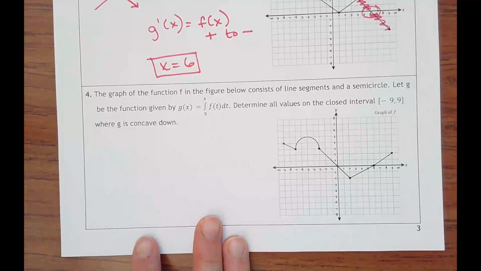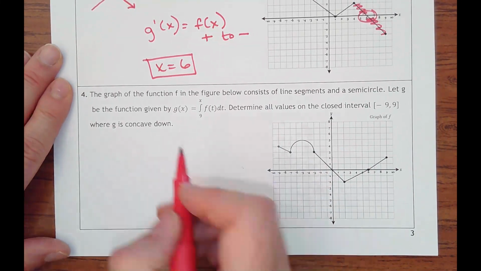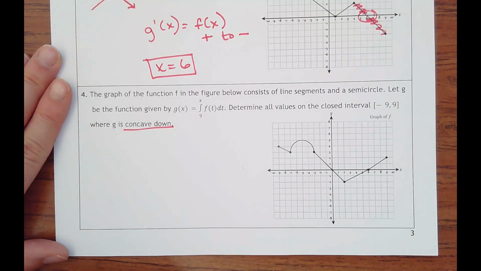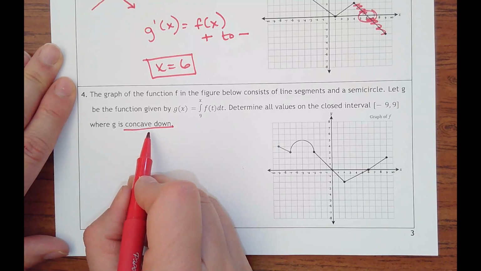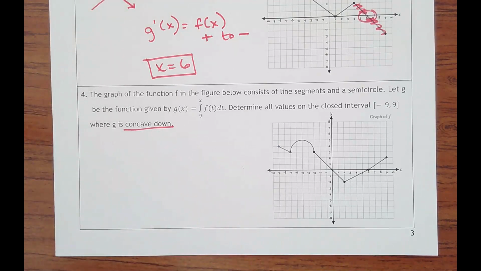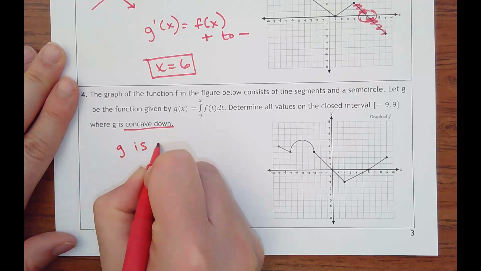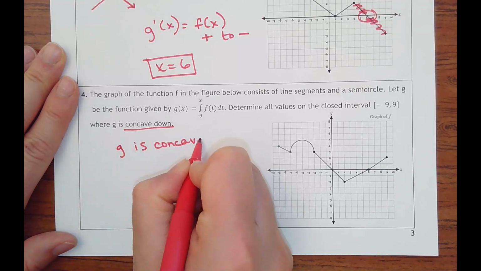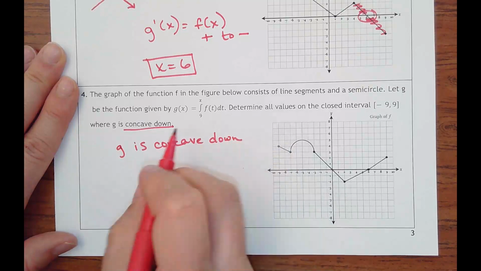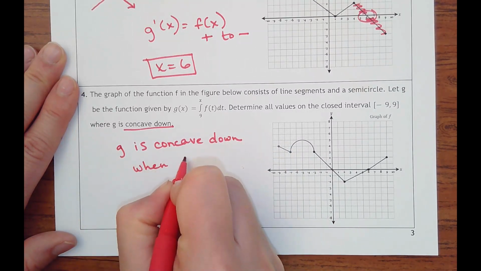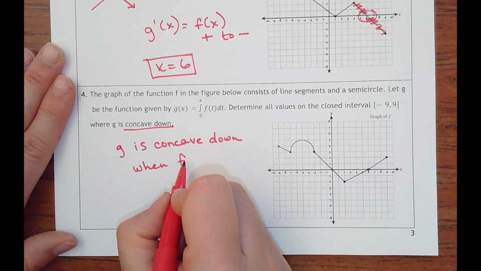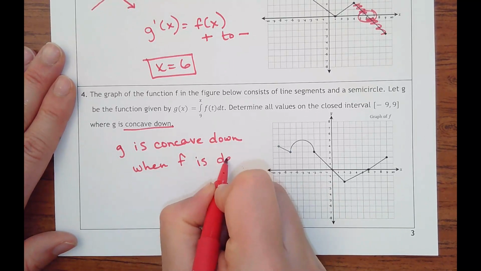Okay, and then last one, we're determining where g would have been concave down. Concave down happens when this graph is decreasing. So g is concave down when f, this graph, which is the derivative graph, is decreasing.